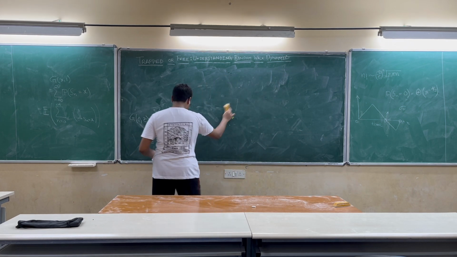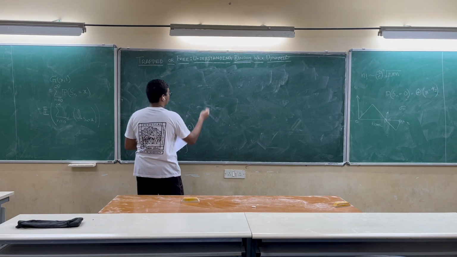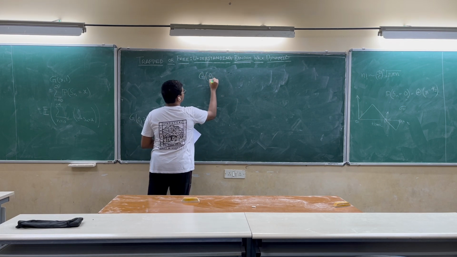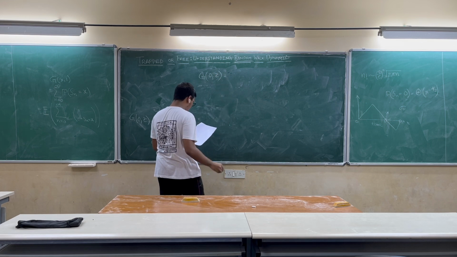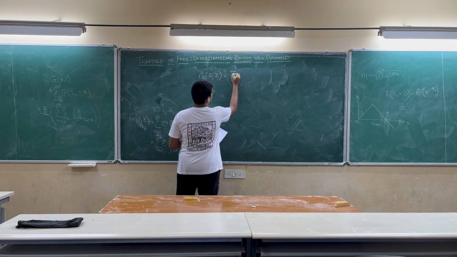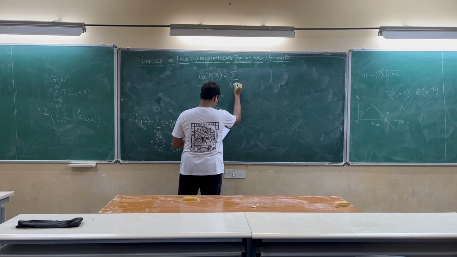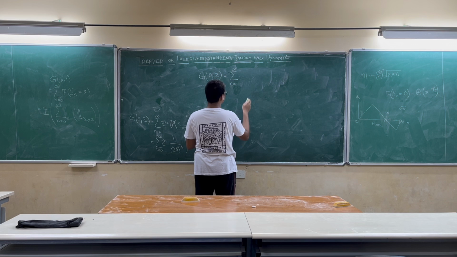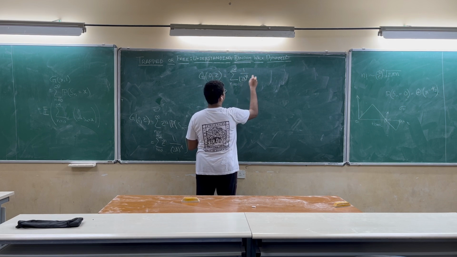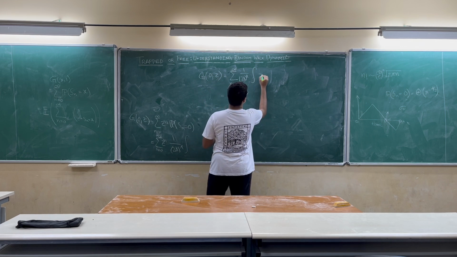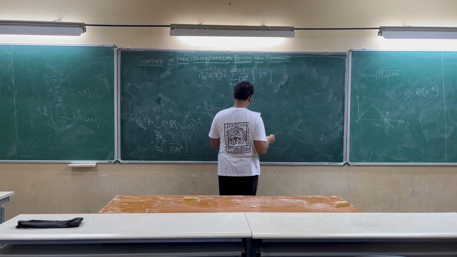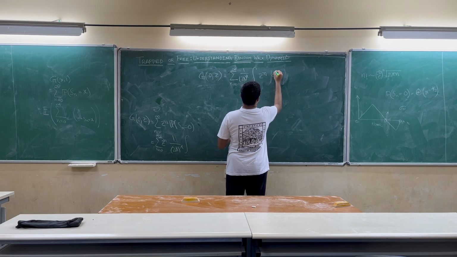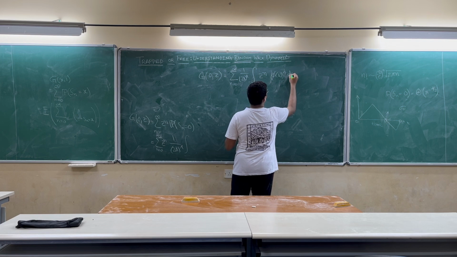Then after doing some rearrangement, this will look something like the integral of the sum of z to the power n times phi of k to the power n.